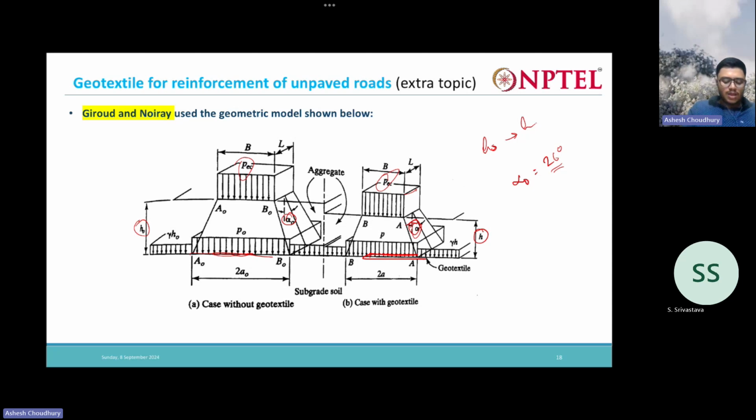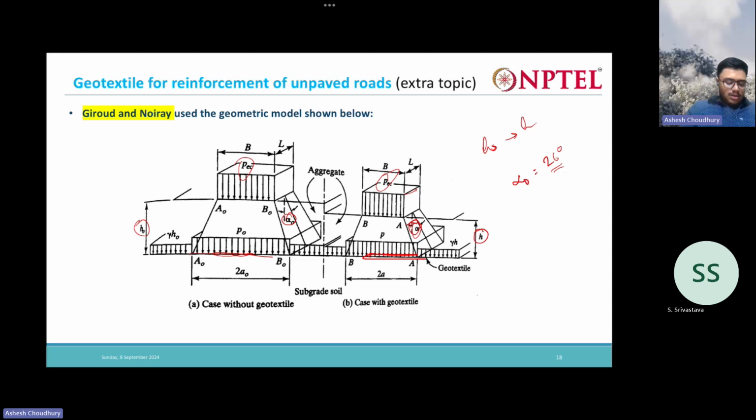Okay, now other dimensions you can see, twice a naught, twice a, all these things are given. So please keep this diagram in your mind: alpha naught, twice a naught, twice a, H naught, H. Okay, keep all this in your mind.